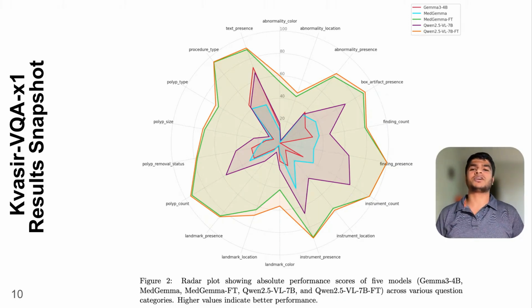It was the best one, and the accuracy jumped from about 30 to 40% for public checkpoints all the way up to 85 to 90% for the fine-tuned variants. And the best one on the outer side, our orange color, is Qwen 2.5 VL. When it was fine-tuned on our dataset, it reached the highest accuracy at around 90%. So this was what we figured out from the evaluation.